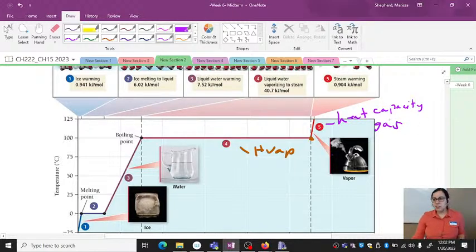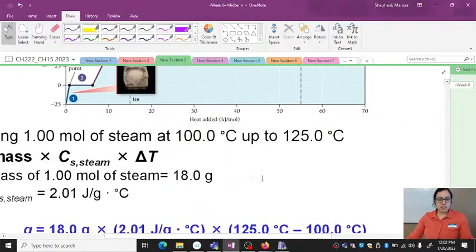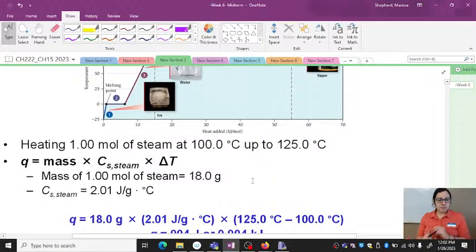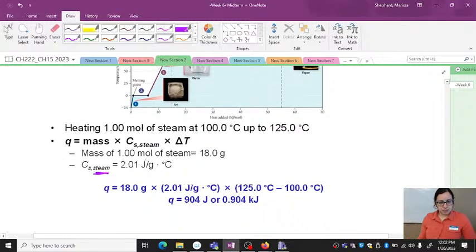When you look this up, if it wasn't provided for you, you'd have to look up the heat capacity for water when it's in its vaporous stage. As you can imagine, it has less heat capacity as steam. We have the value here. The heat capacity for steam is 2.01 joules per gram degrees Celsius. Now plug everything in.